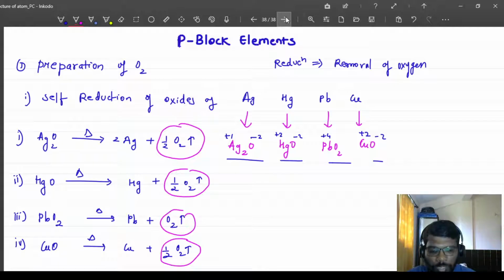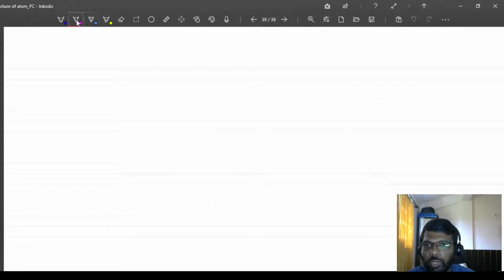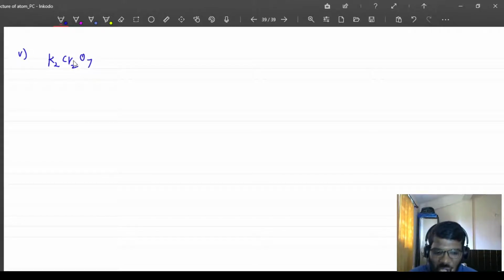There are more examples. We can also do the preparation by this method: K2Cr2O7, potassium dichromate.